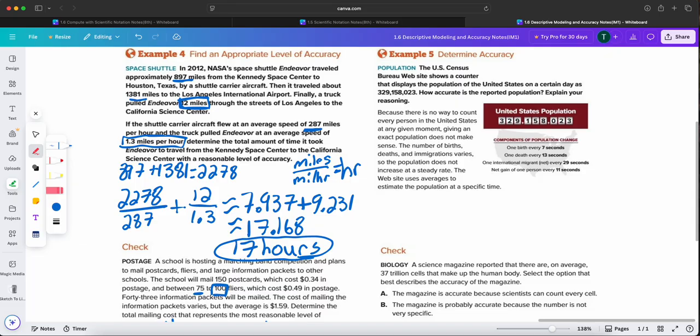So if we think about the United States, there are a lot of people. There's no way to go and count every person in the United States at a given moment, because we can never get an exact population, because all these deaths and births are not happening at a steady rate. They actually vary. This is just an average. So there's no exact way to get how many people are in the United States at one moment, because it's constantly changing.